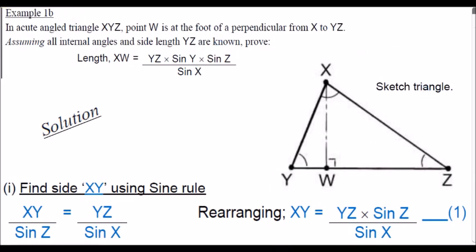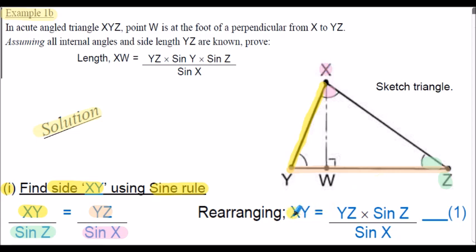Here's example 1b, commencement of the solution. Step 1, we're going to find side XY using the sine rule. So side XY, shown here, divided by sine of angle Z, shown here, is equal to side YZ, shown here, divided by the sine of angle X shown here.